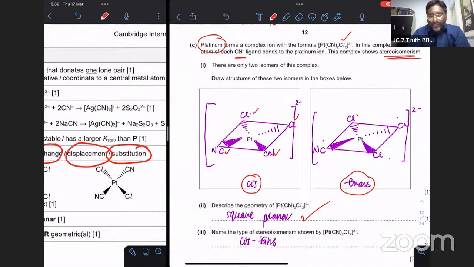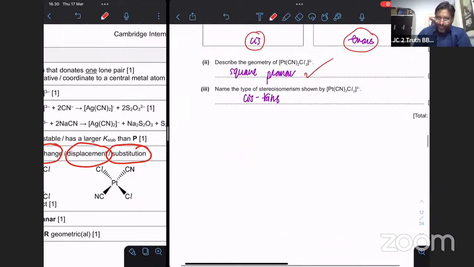But when it comes to transition metals, if you have 3 bidentate ligands and so on, then we can have an octahedral structure, and then they can have optical isomers. For this one, no, it is only cis and trans. So I will move forward.